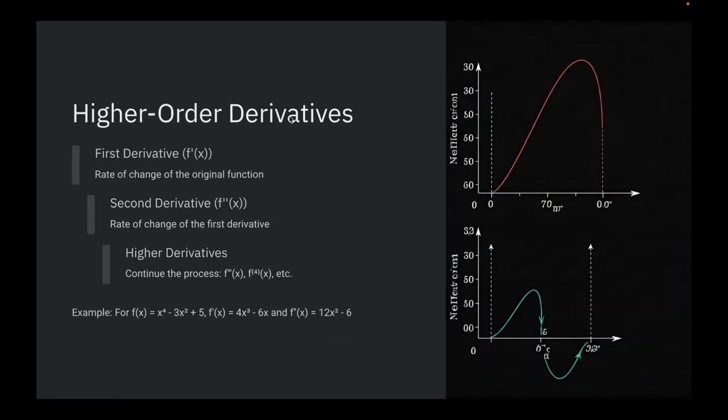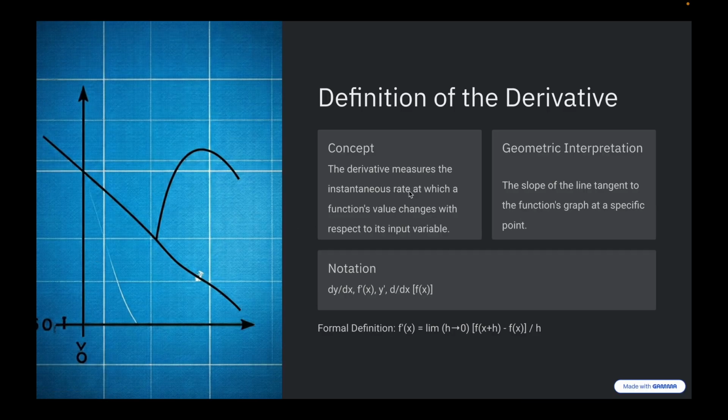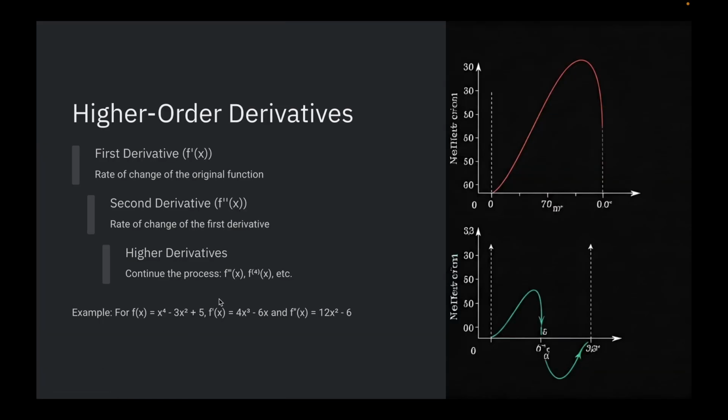This slide will be higher order derivatives. What we mean by that is the second derivative, the third derivative, and so on. All the derivatives we've been covering so far are first derivatives, which, if you look at the first slide, is the instantaneous rate at which a function's value changes with respect to its input variable, or the instantaneous rate of change.